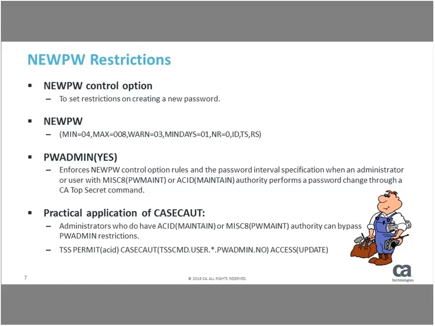For example, here it says if they have ACID maintain or PW maint, they can bypass the PW admin restriction by permitting them CASEC command user, and the asterisk there is any command, add to replace, and then PW admin.no. No would say that you're bypassing all NEWPW restrictions.